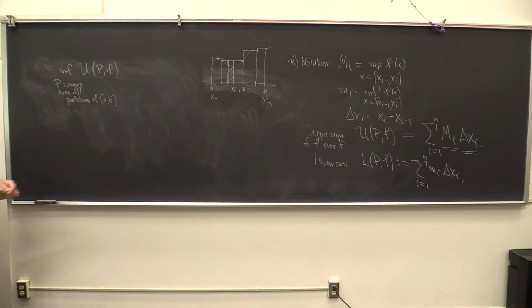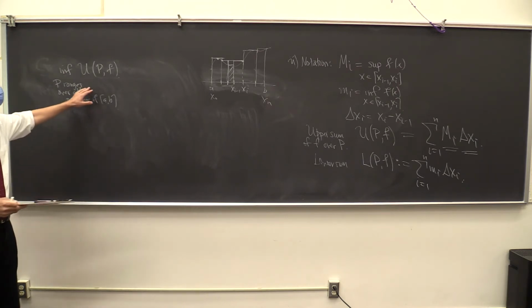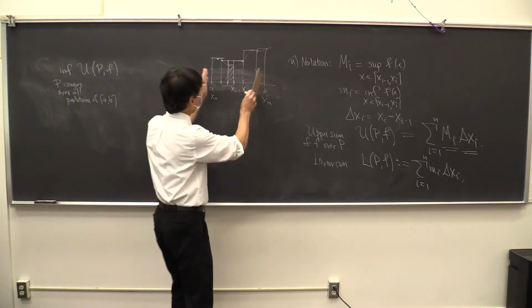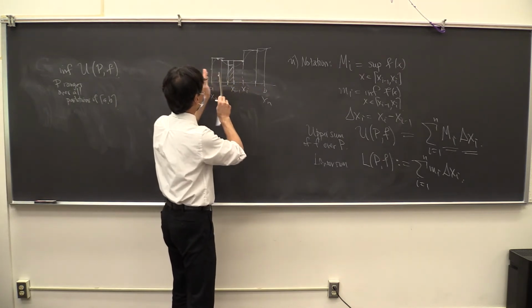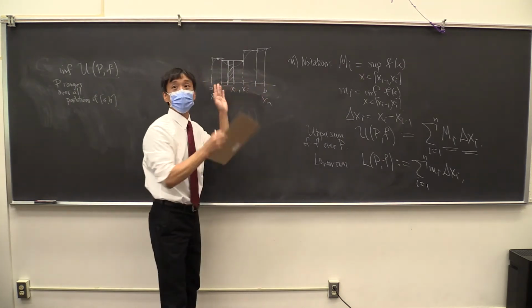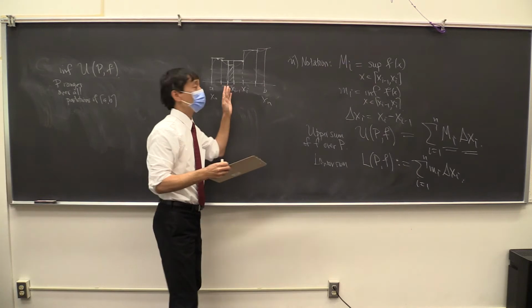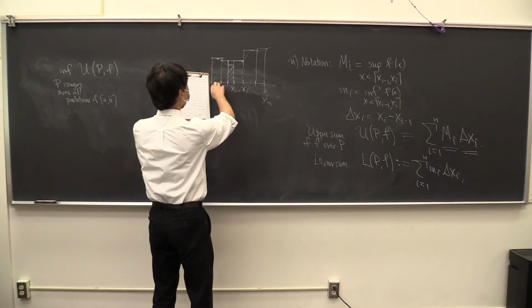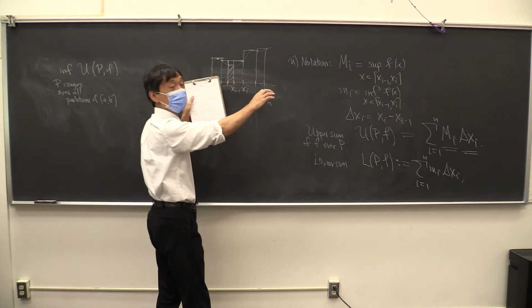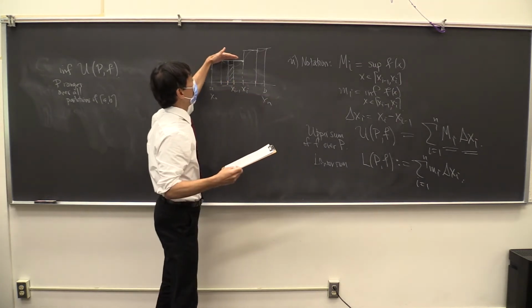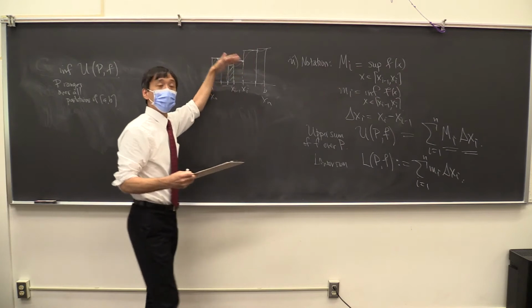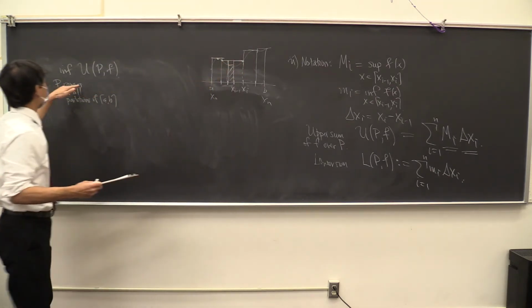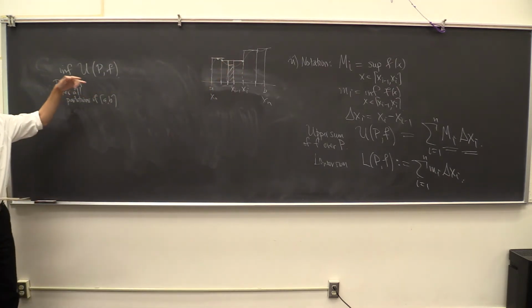Basically, we're seeing what is the smallest value we can get if we look at all possible partitions. We're allowing finer and finer partitions, which would cause the upper sums to decrease more and more, and we're looking for the greatest lower bound of all those values.